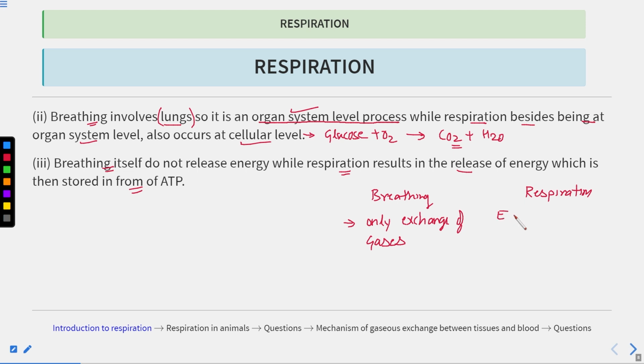You can write exchange of gases, and also there is oxidation of the food material. And then breathing occurs at the organ system level process.